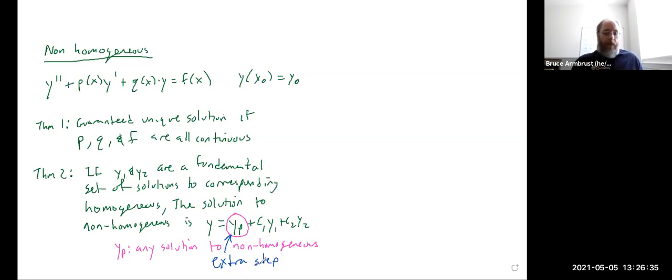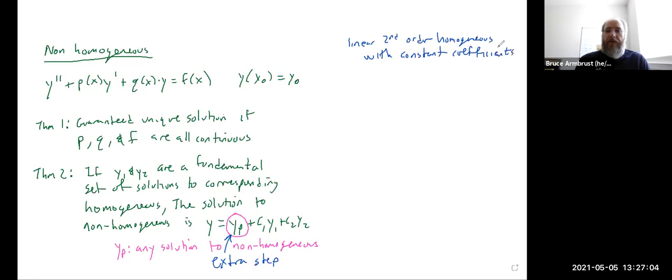All right. So the one other thing I just want to remind you about before we dive into doing these other problems is when we have the linear second order homogeneous with constant coefficients, right?